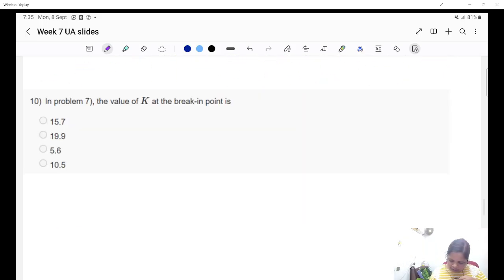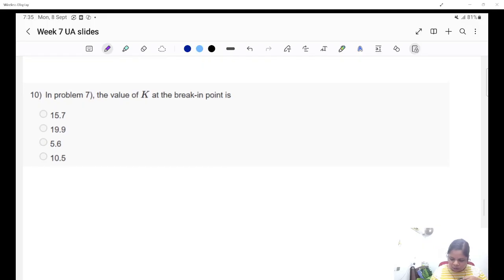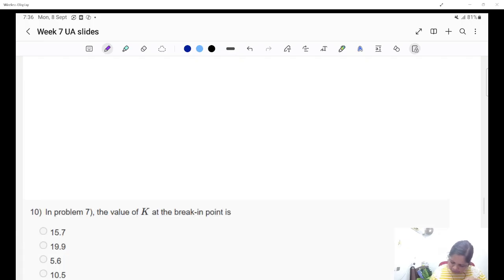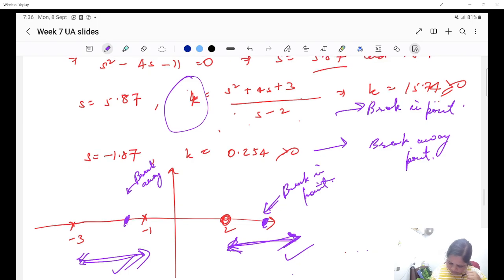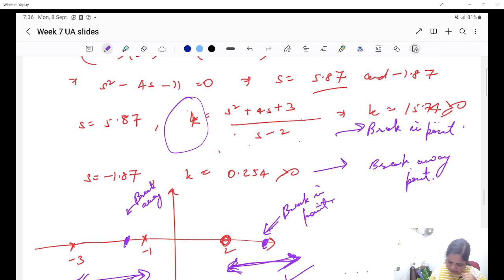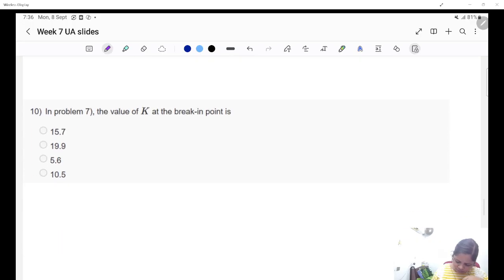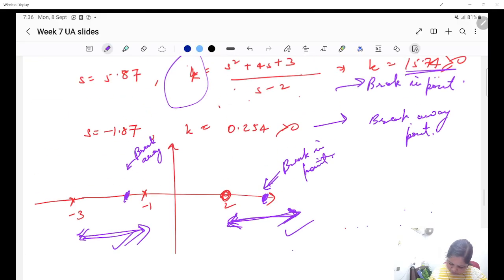Okay, so the next question is the value of K at the break-in point. We already calculated it. At the break-in point it is 15.74, just by substituting the values. And for breakaway, what was the value?